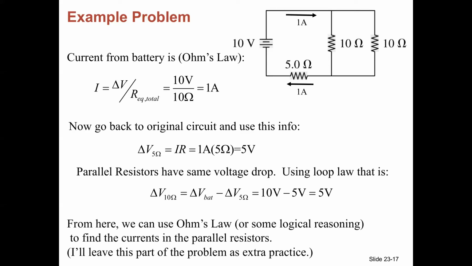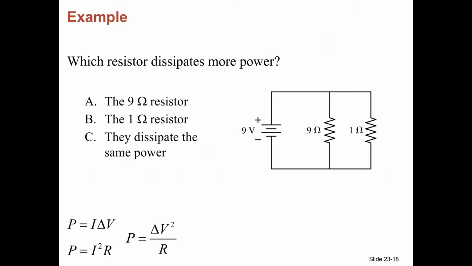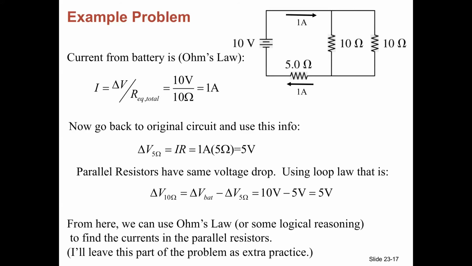So if you wanted to find the currents going through each of these 10 ohm resistors, you can do that using Ohm's law. I'll leave that to you guys. Or you could use some logical reasoning to figure out how the current must split. But I'll leave that as extra practice for you guys.